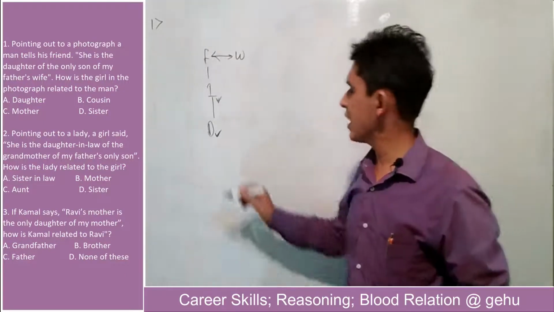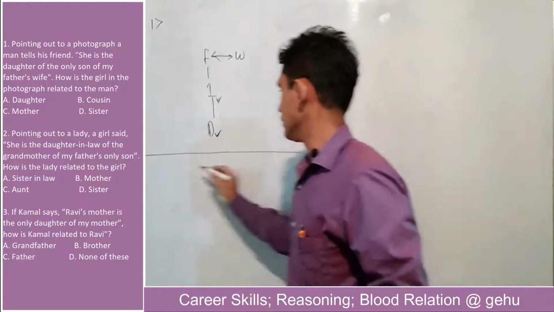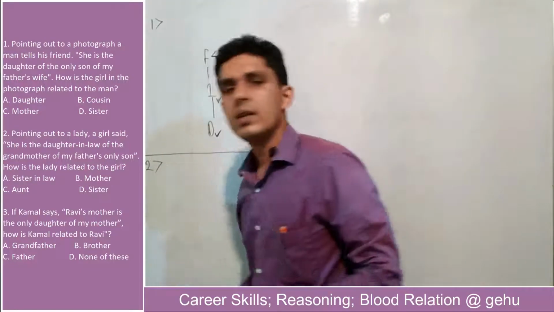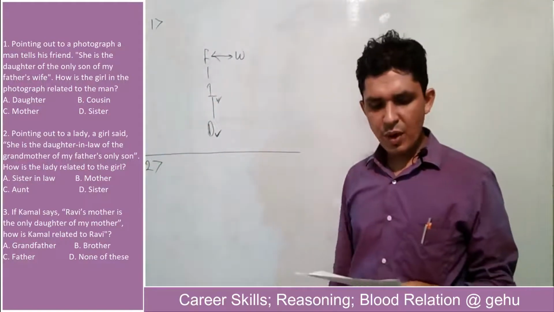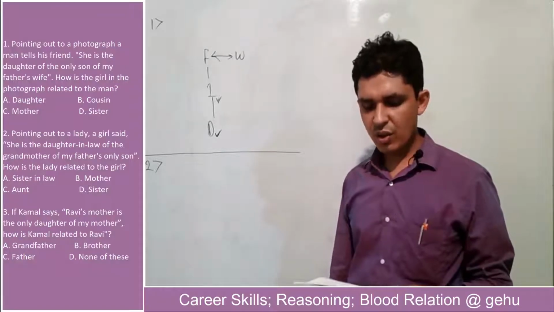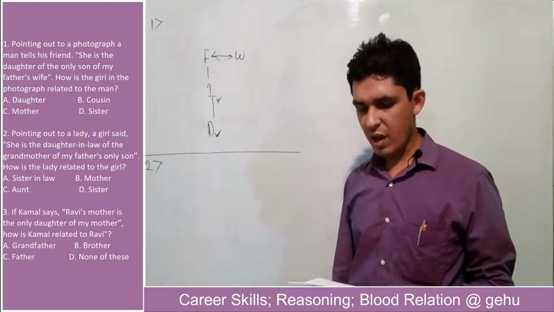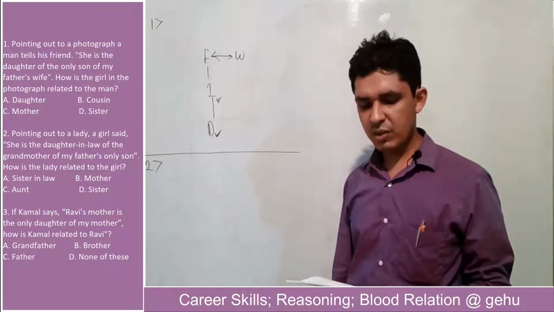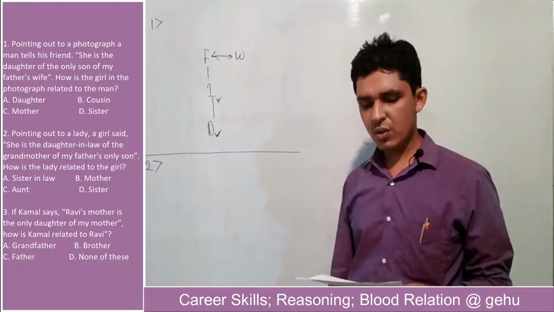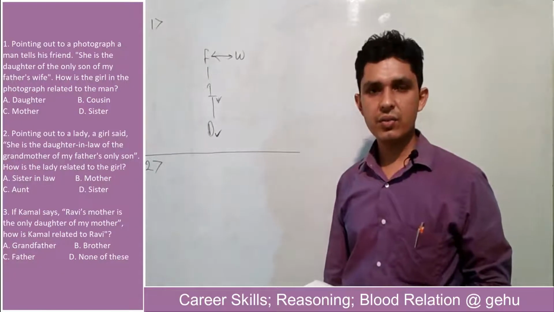Okay, coming to the second question. Second question is, pointing out to a lady, a girl said, she is the daughter-in-law of the grandmother of my father's only son. How is the lady related to the man? First of all, in this question I would have to draw my father's only son, right?